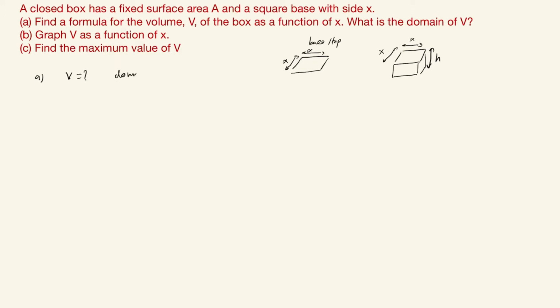Now for A, we want to have the function V of x and its domain. So here the volume is a rectangular box. So what does that mean? The volume is going to be length multiplied by width multiplied by height.